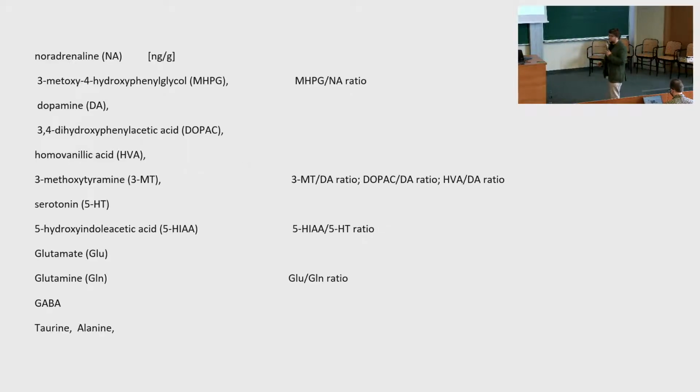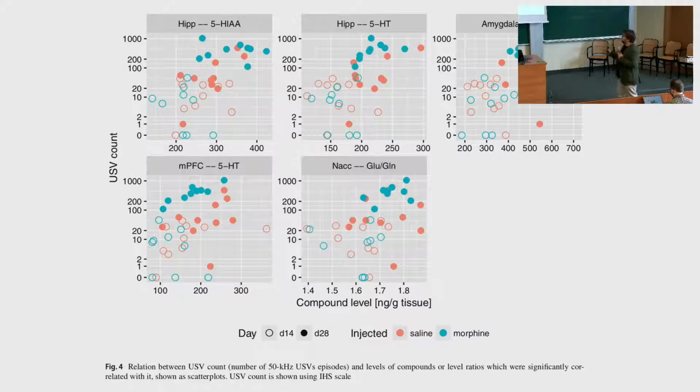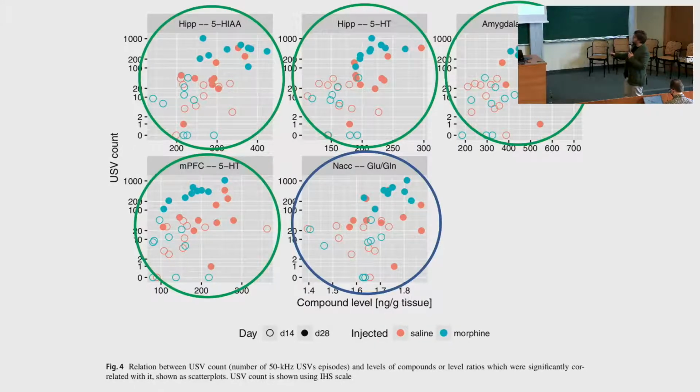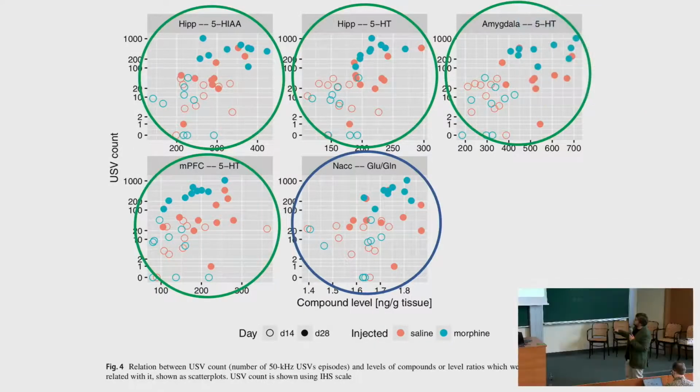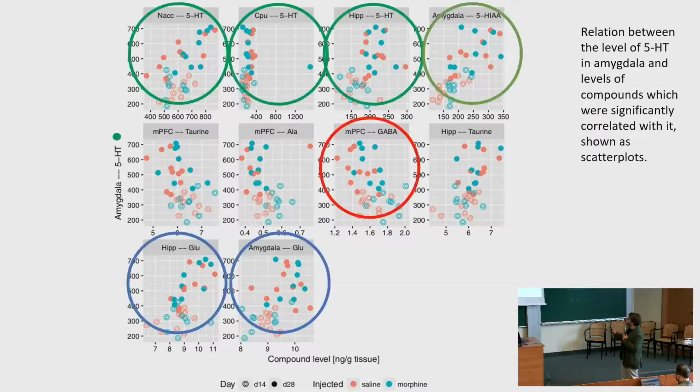We analyzed those neurotransmitters, and we found that the number of emitted ultrasounds in the 50 kilohertz band positively correlates with the serotonin in the hippocampus, amygdala, and medial prefrontal cortex, and also positively correlates with the ratio of glutamine to glycine in the nucleus accumbens.